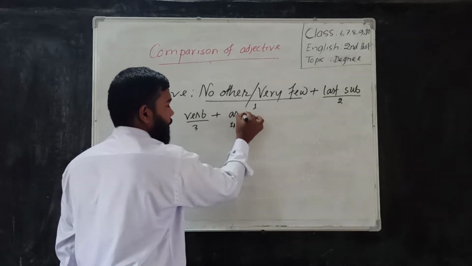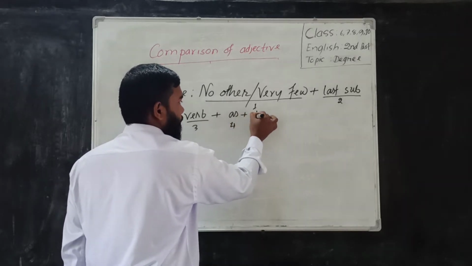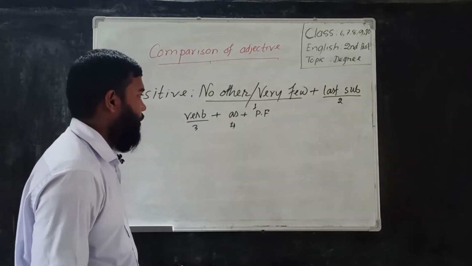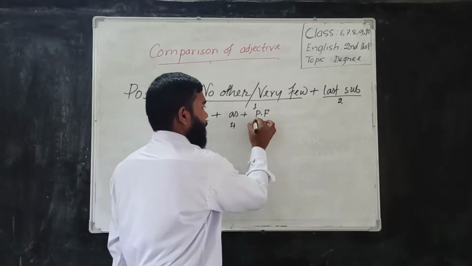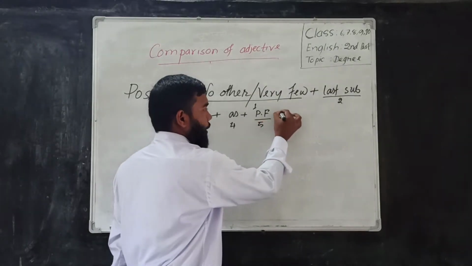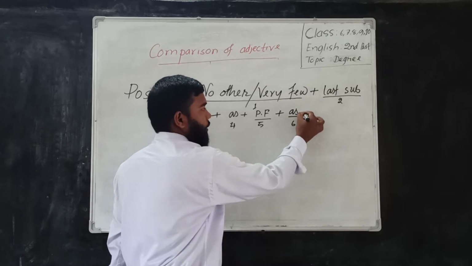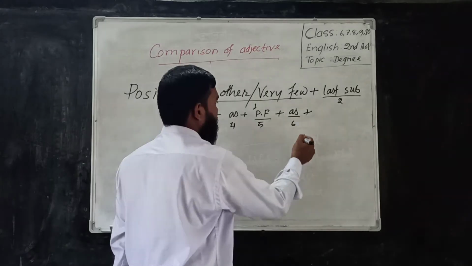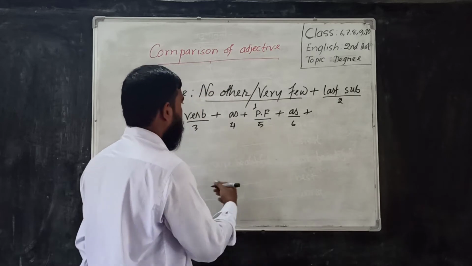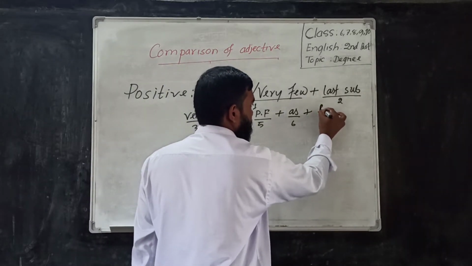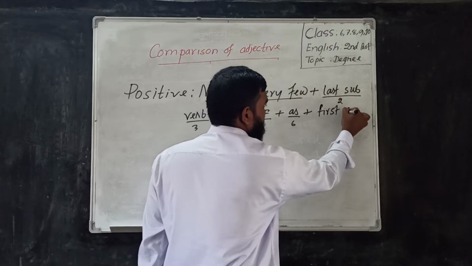Fourth step, PF, positive form of adjective, positive form of adjective. Fifth step, and again as. Sixth step, and final and last step, first subject.